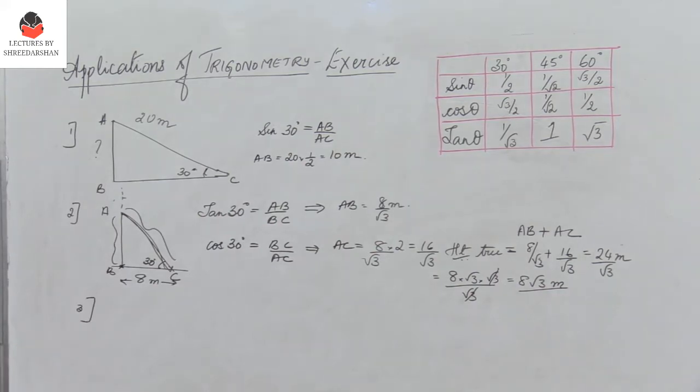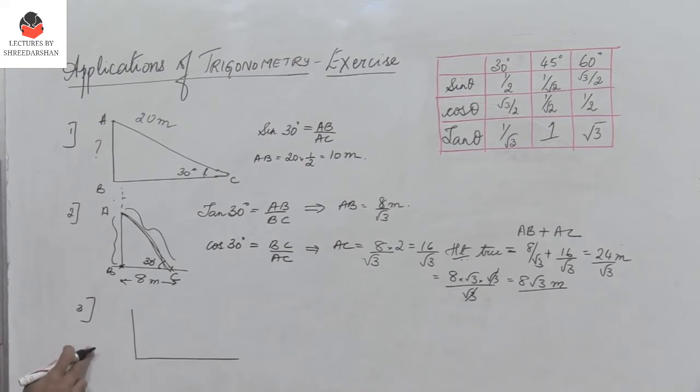The contractor plans to install 2 slides for children to play in the park. For children below 5 years, she prefers to have a slide whose top is at the height of 1.5 meters. So you know a slide, all of you must have played on a slide. Children love playing on slides.